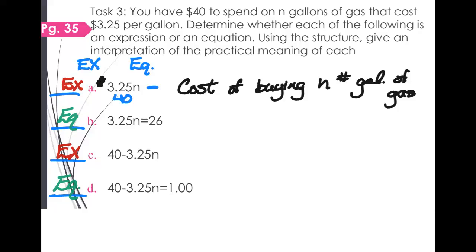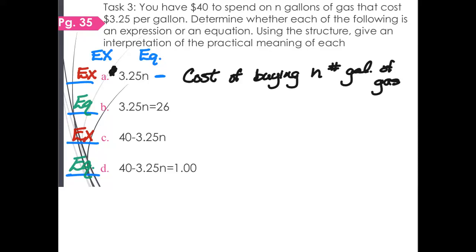Okay, I'm glad. All right, so now knowing that, what if I said 3.25n is equal to 26? What is that scenario talking about? That could be true, but I'm looking for what's the scenario here.